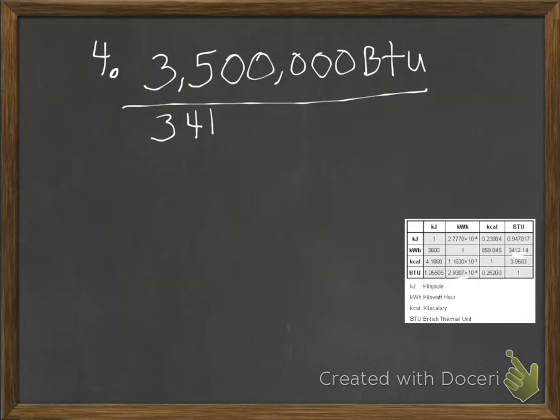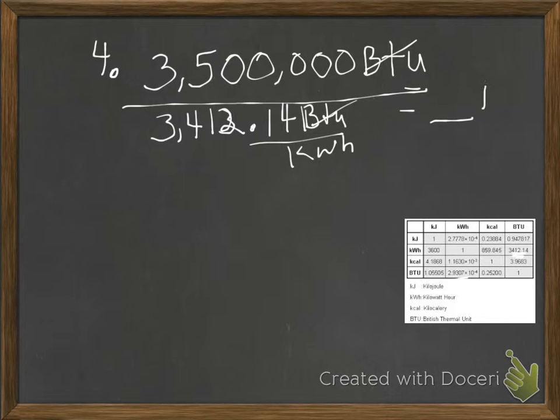I do 13 because that's what I'm accustomed to, but we could do 12.14, and that is in my set of BTU over 1 kilowatt hour. So that's my unit. BTUs are going to cross out, and my answer will be in kilowatt hours. So that's the division method.